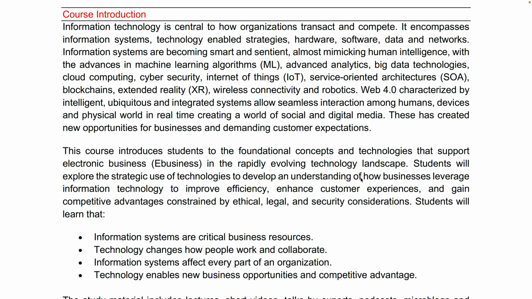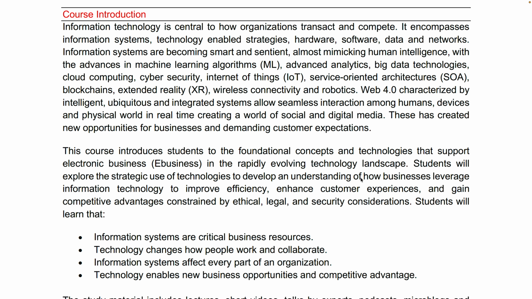We live in the world of Web 4 technologies, which are intelligent, ubiquitous, and integrated, which allows seamless interaction among humans, devices, and physical world in real time.